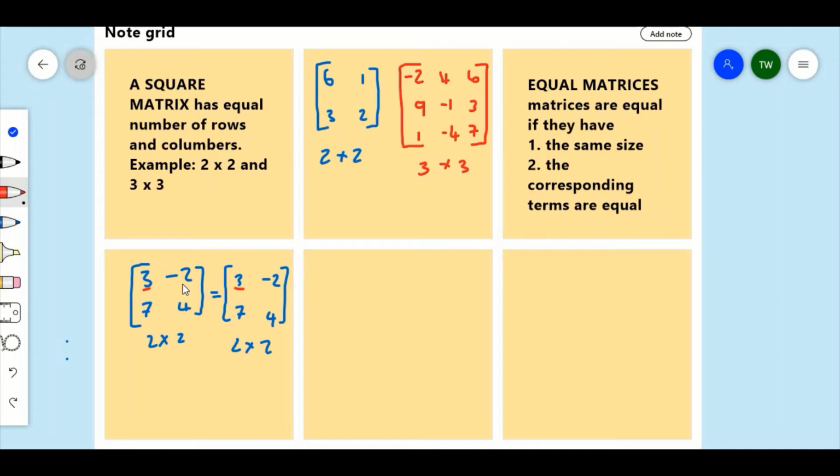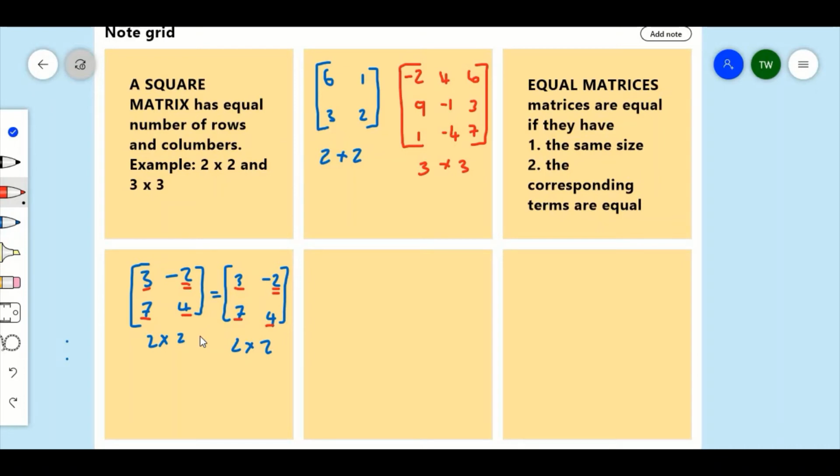The second element here is -2, and the second element over here is -2. The third element here is 7, and the third element here is 7, and the fourth element here is 4, and the fourth element here is 4. So these are equal matrices. They satisfy the two conditions. They are the same size and the corresponding elements are equal.